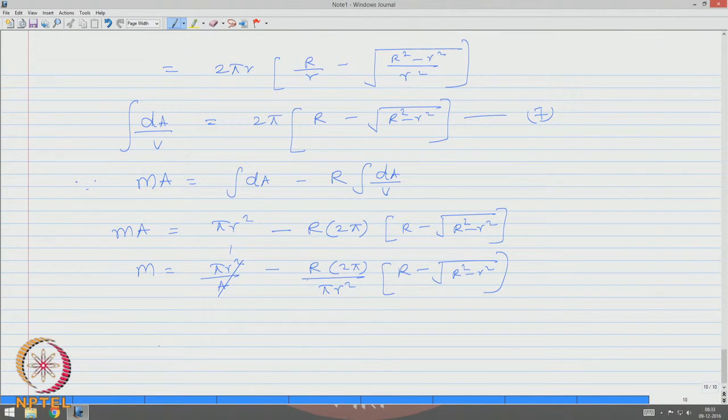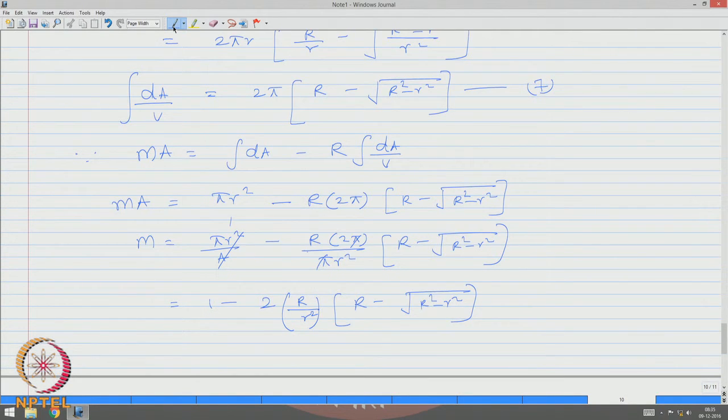So, this becomes 1 minus 2R by r square times R minus root of R square minus r square. Simplifying further, M will be 1 minus 2R by r the whole square plus, there are 3 terms here in this equation: first term, second term and third term.